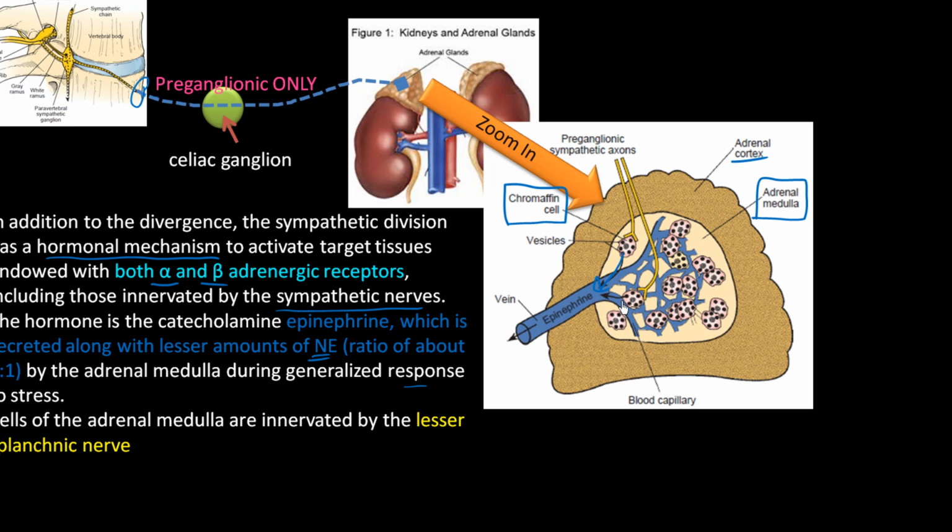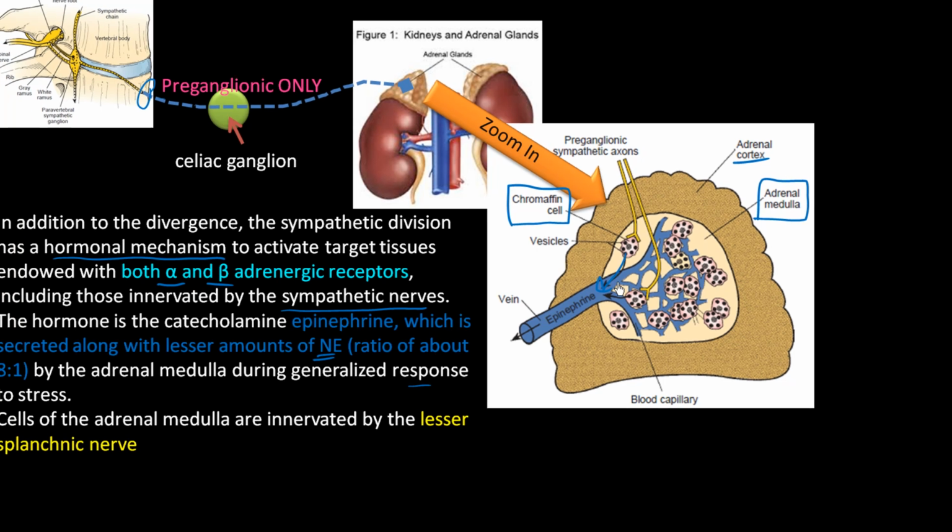And so they dump out this norepinephrine and epinephrine into this vein here, and then now you've got hormones in the blood, and any place where there's an alpha or beta adrenergic receptor, this is going to stimulate it. And so this is kind of a second punch, if you will, to the stimulation of the sympathetic nervous system.